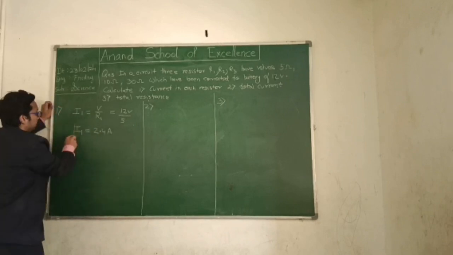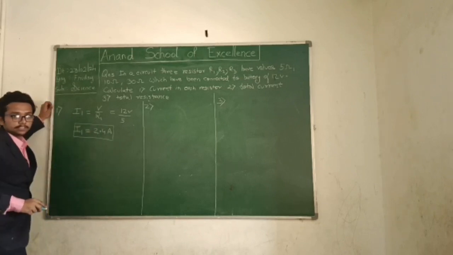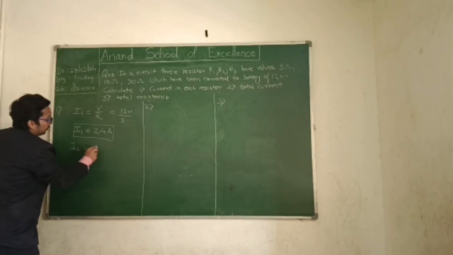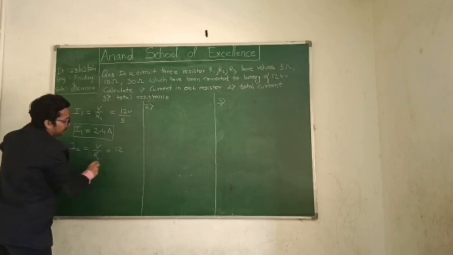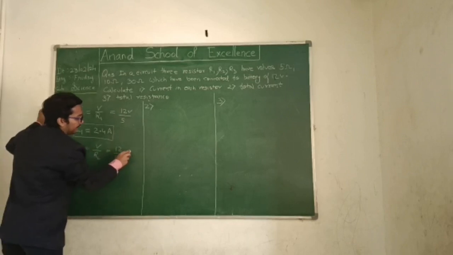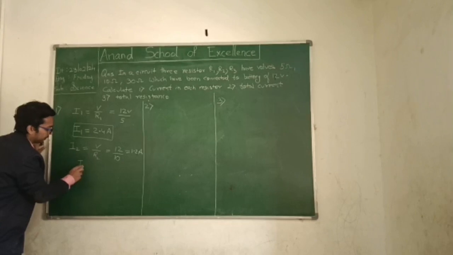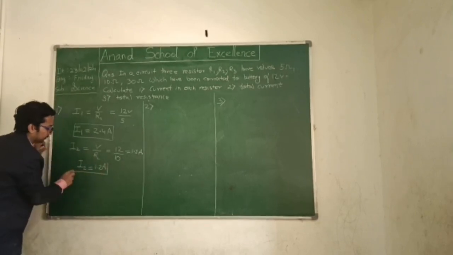Okay, this is the first current that flowed in the first resistor. Now we have to find I2 for second resistor, V upon R2. Here value of V is 12, R2 is 10. We get 1.2 ampere. So I2 is equal to 1.2 amperes.